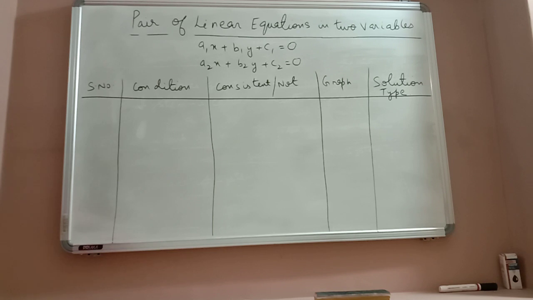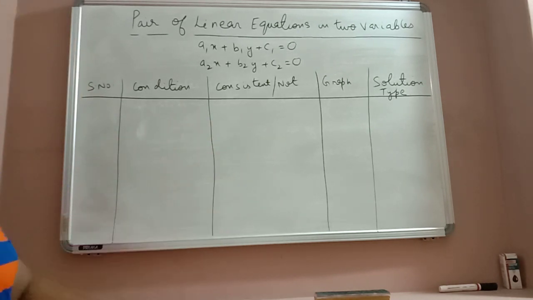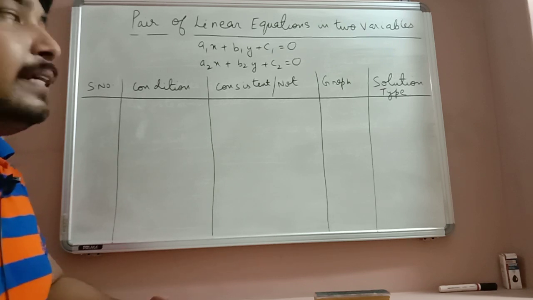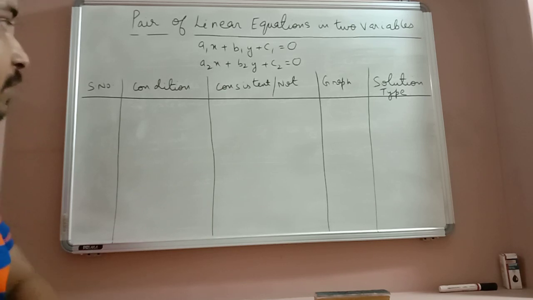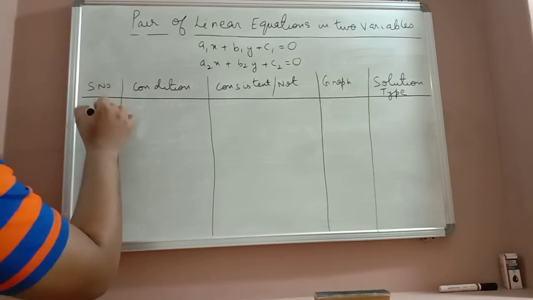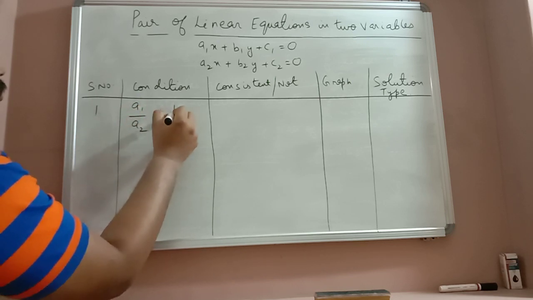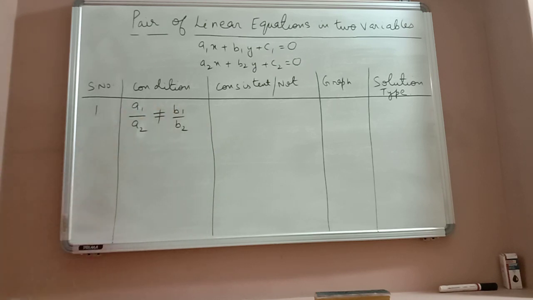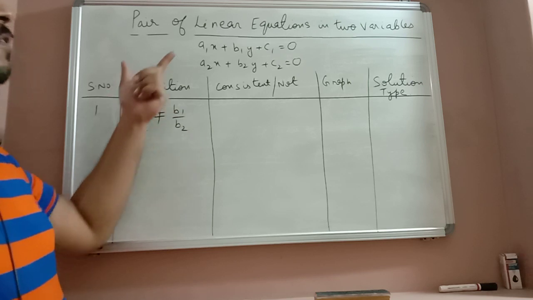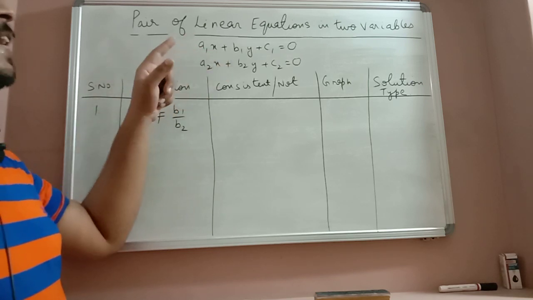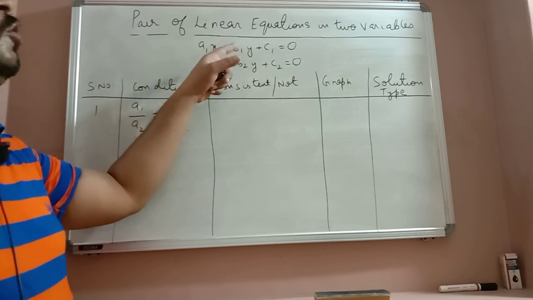Alright, now let's discuss some of the conditions under which different types of solutions can be obtained by a pair of linear equations in two variables. Let me take the first condition. The first condition is a1/a2 not equal to b1/b2, where a1, a2 are coefficients of x and b1, b2 are coefficients of y.